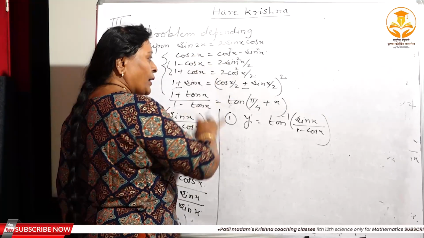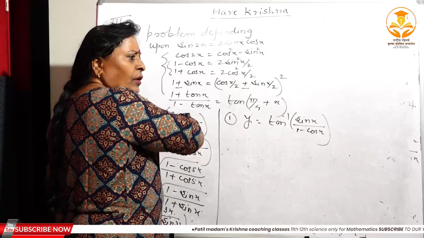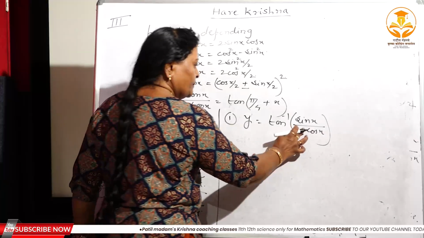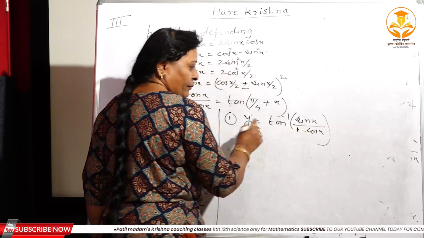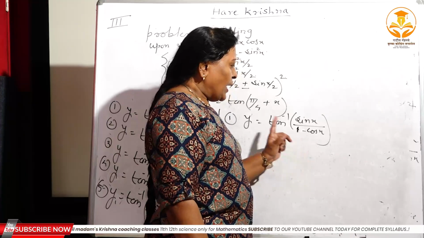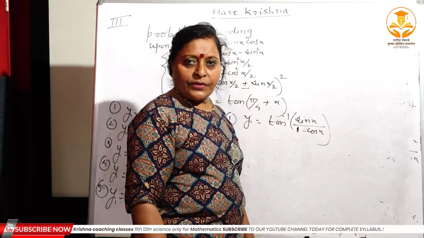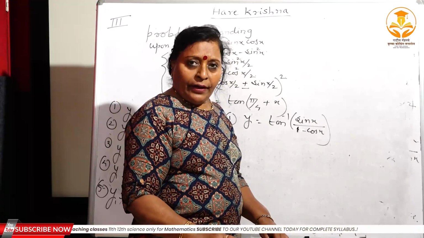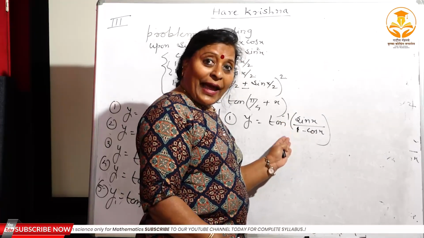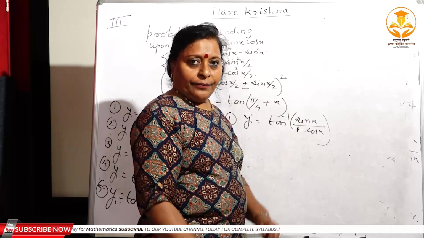This is double angle, again you can bifurcate, right? All the bifurcation I have already told you. The first one here. Here again, since there is a term that is sin x and 1 minus cos x, and outside that is the tan inverse, you have to think of how you will get the tan of something in the bracket, right?